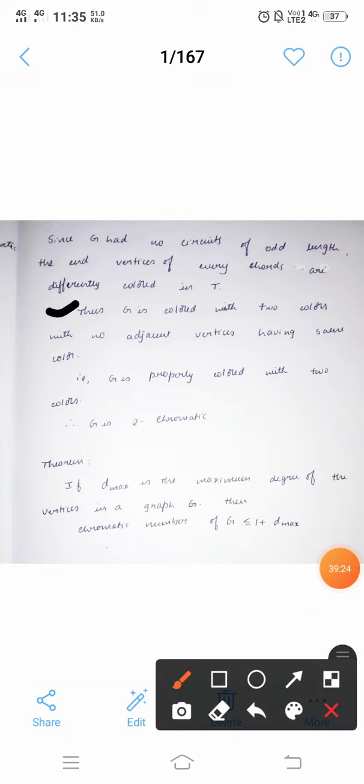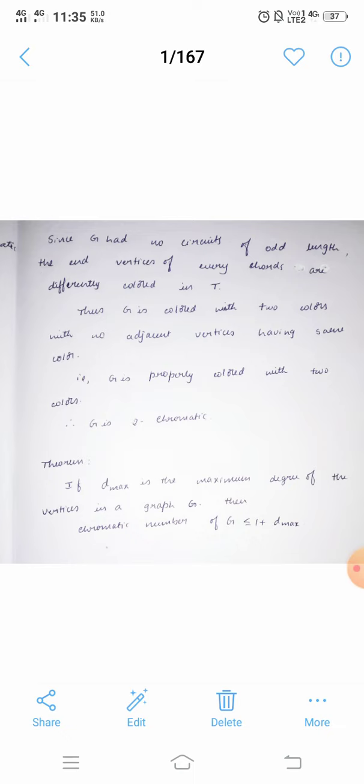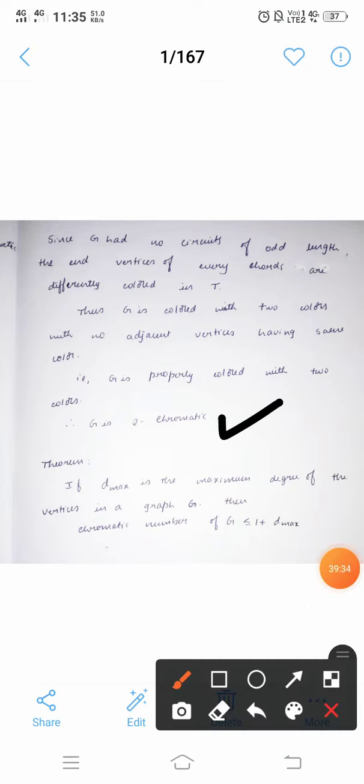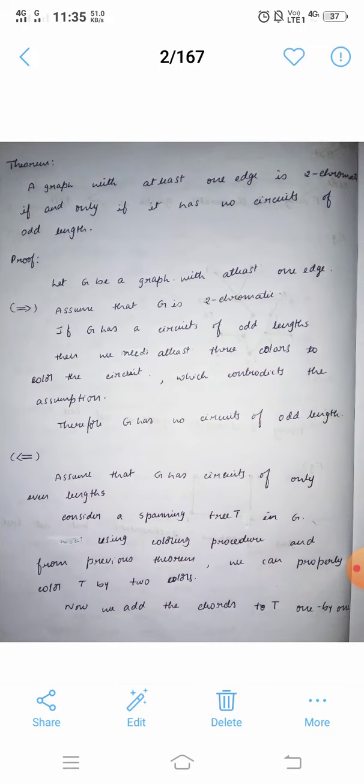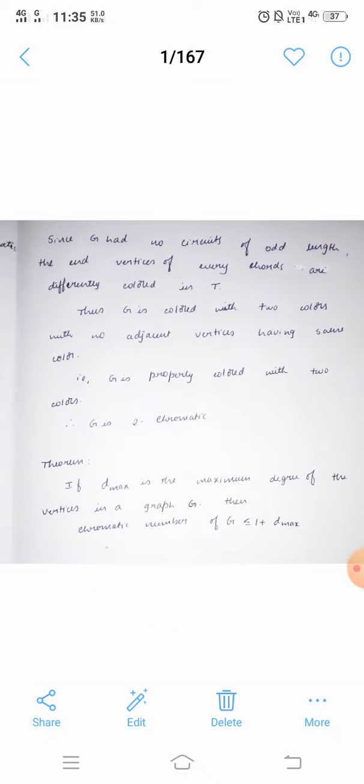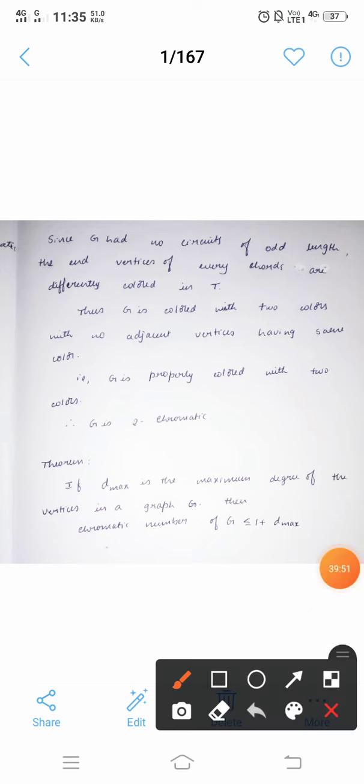Thus G is colored with two colors with no adjacent vertices having the same color, that is, G is properly colored with two colors. So G is two chromatic. Here we have proved the theorem. We have assumed that G has circuits of only even length, and we proved G is two chromatic.